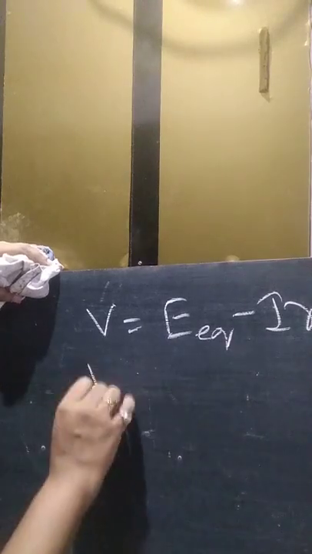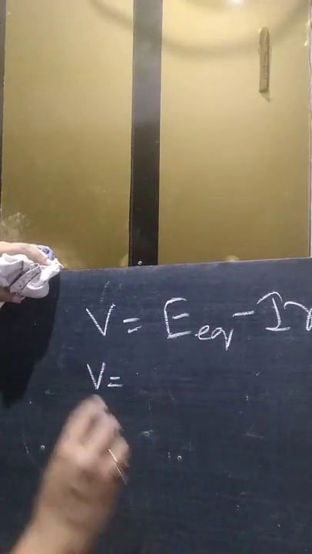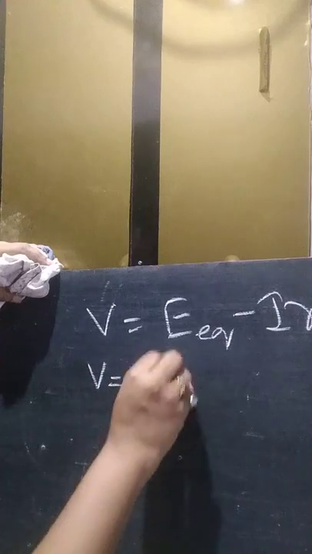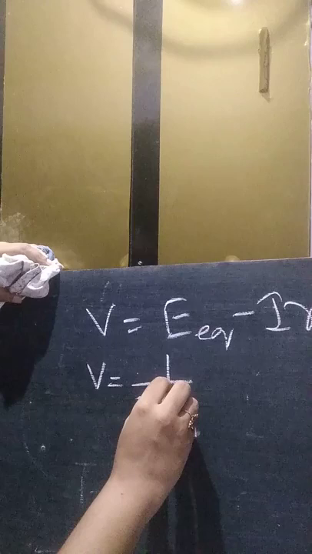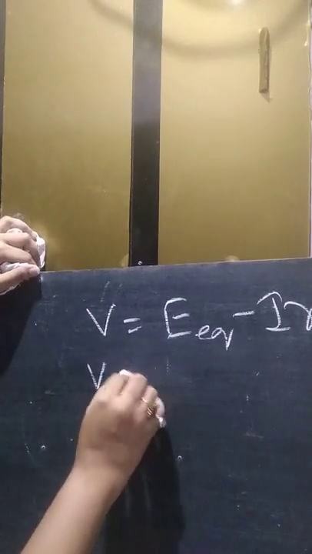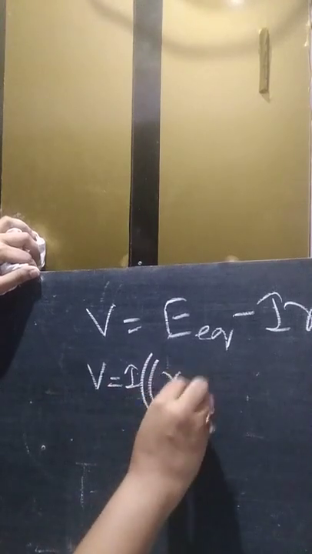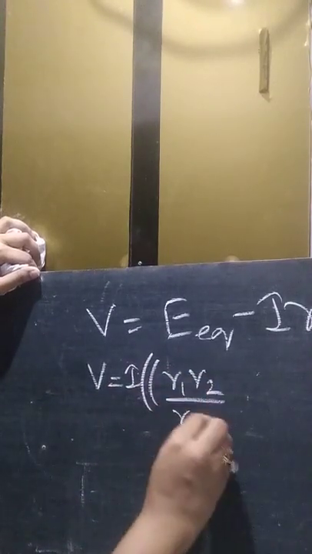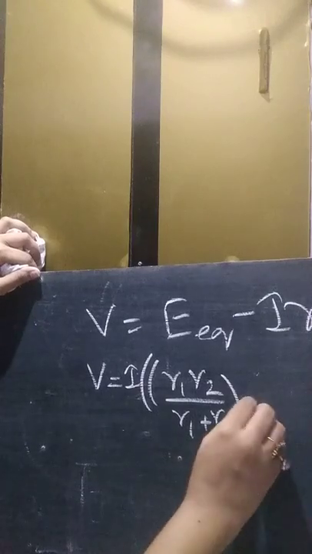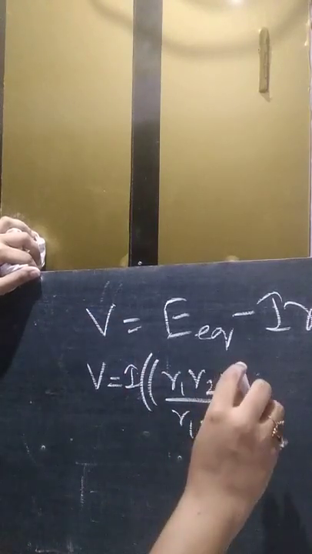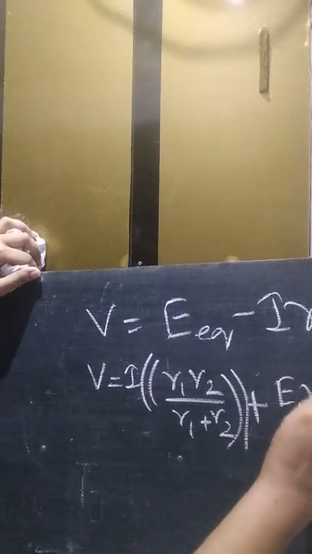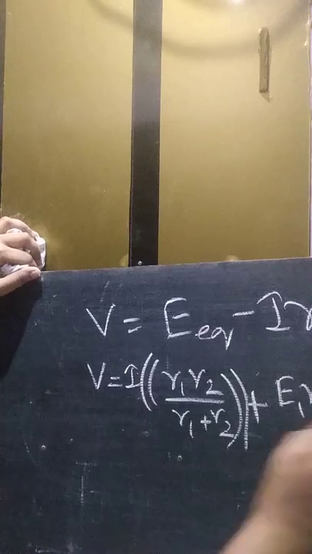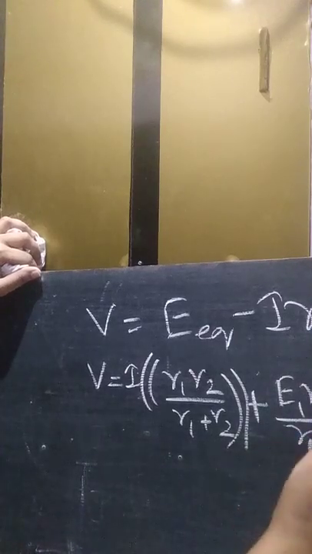And from the previous equation I get I times R1 R2 by R1 plus R2 plus (E1 R2 plus E2 R1) by R1 plus R2.